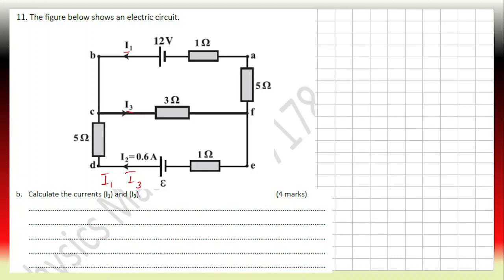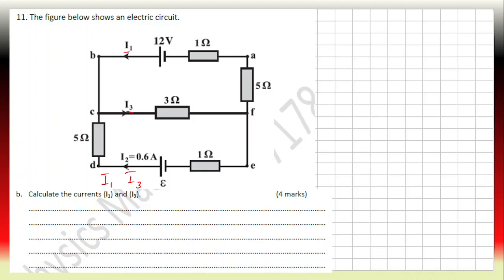Sometimes you will use a single equation to get what you want. Sometimes you will form two equations and then solve them simultaneously to get what you want. So in this case, we want I1 and I3. I'm seeing something. From Kirchhoff's first law, we can form an equation.